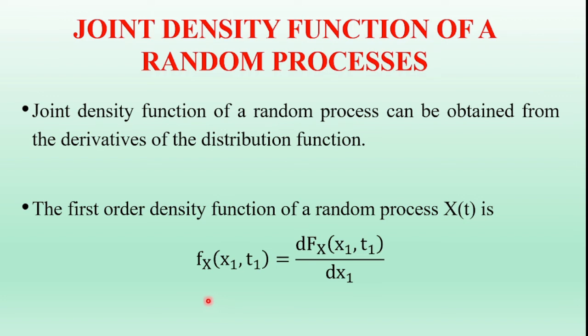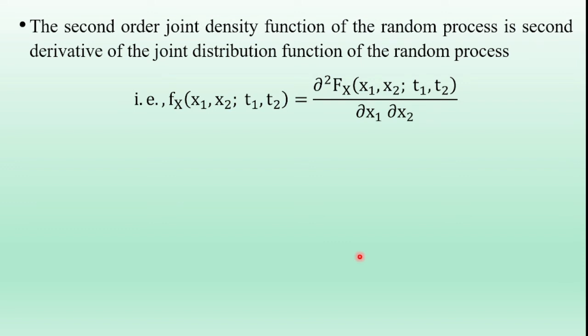The first order density function of a random process is the derivative of the first order distribution function of a random process. Similarly, the second order joint density function of the random process is the second derivative of the joint distribution function of the random process.